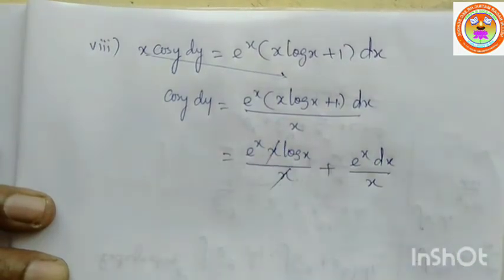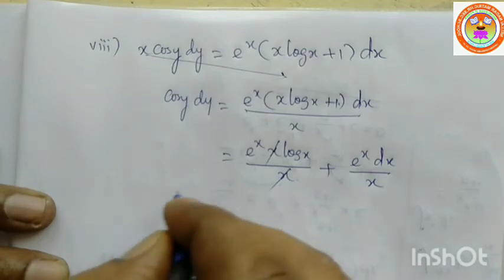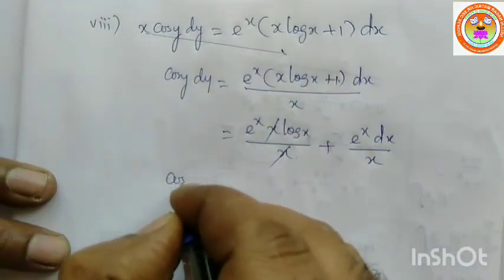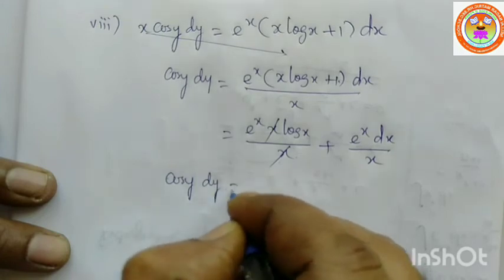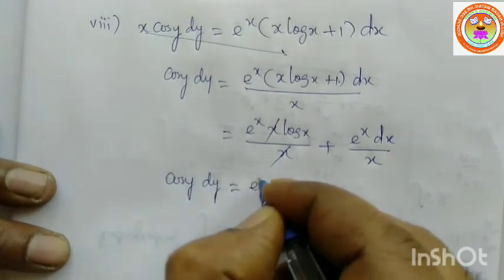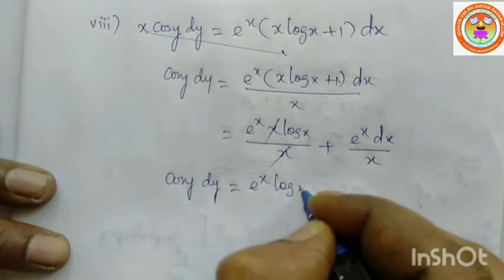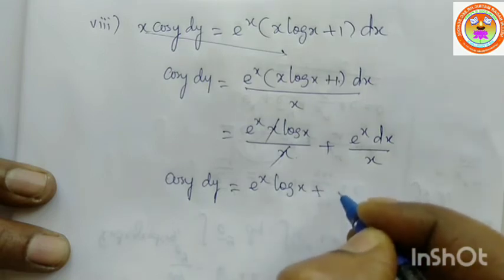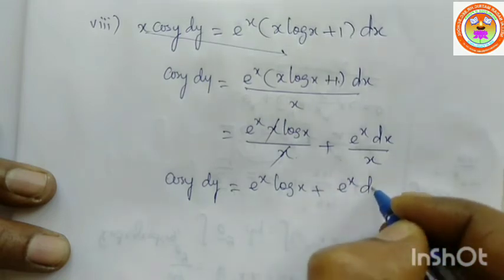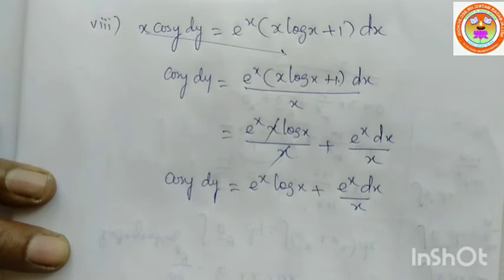The x gets cancelled. So cos y into dy is equal to e power x into log x plus e power x into dx by x.